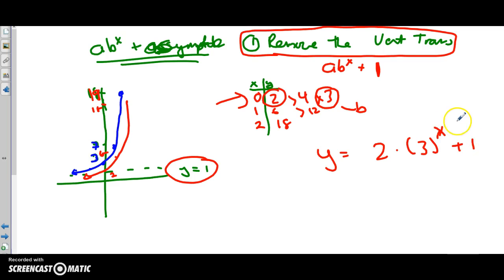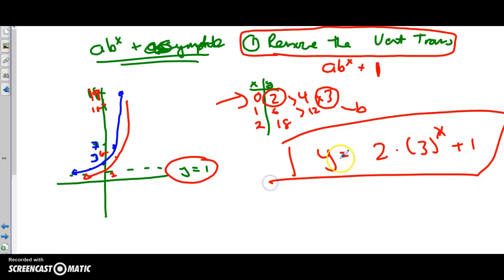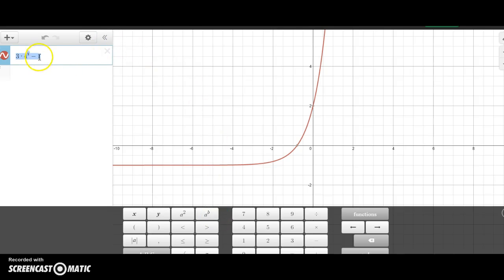Now there are many different equations for this, but that's one of them. There are other ones also that you can come up with. So let's see if this is right. First of all, let's go to Desmos. So that's 2 times 3 to the x plus 1. See if I can remember that. I'm getting old. 2 times 3 to the x plus 1. I could also pause.